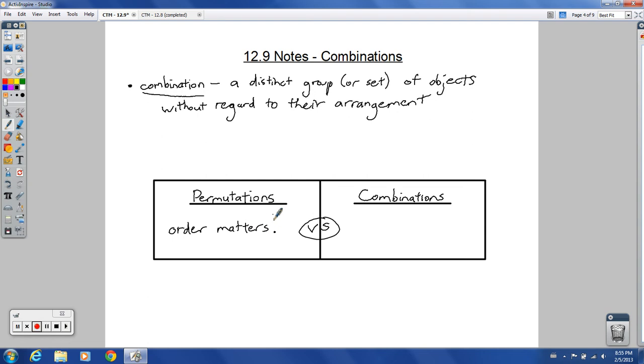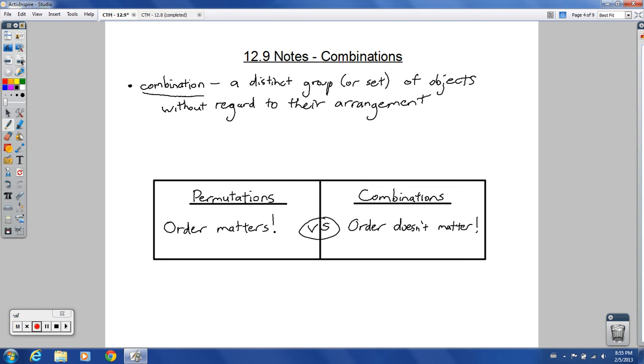And with combinations, order doesn't matter. That's basically what it boils down to. Order doesn't matter over here. So we'll see what I mean by that on this next page.